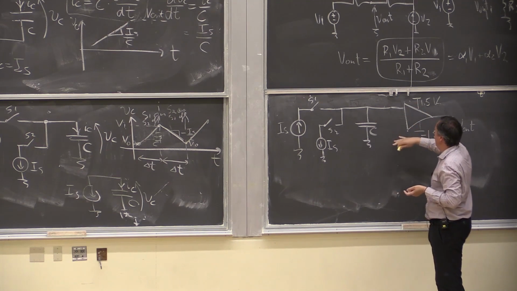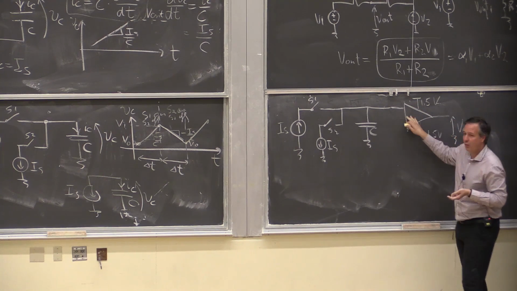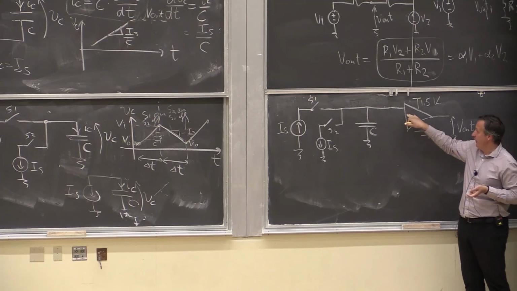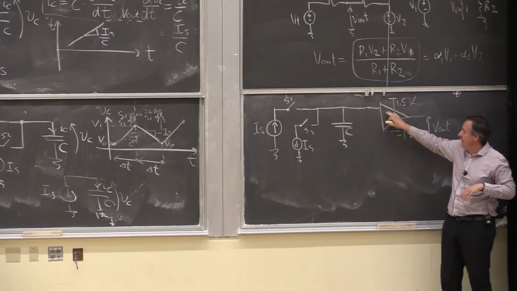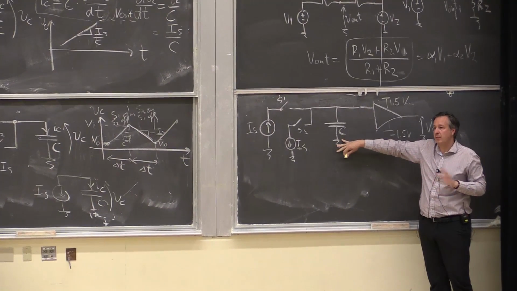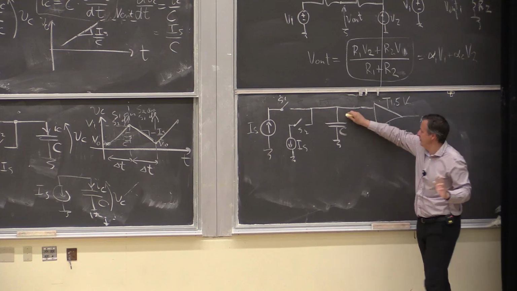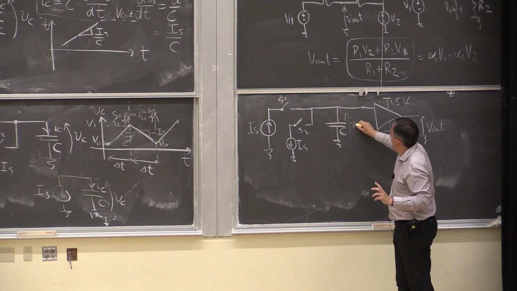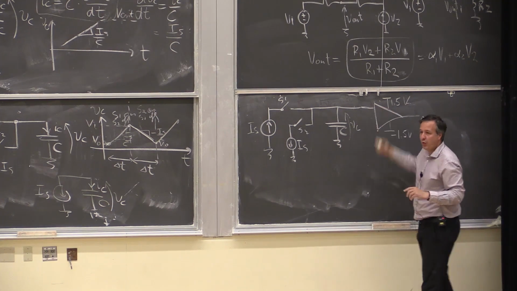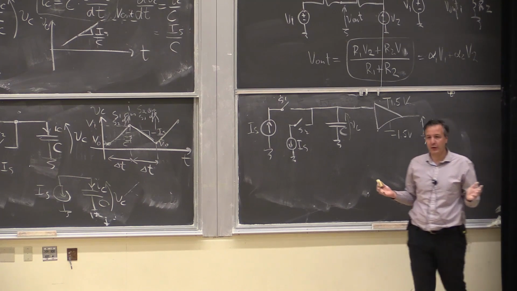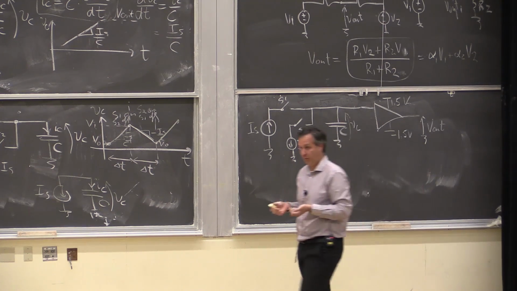Okay, so now let's figure out how to work the references here. The nice thing about this op amp is it does not load this C. So whatever is VC, the voltage here, will come into this port. It will be just measured, just like you did in the touch lab.